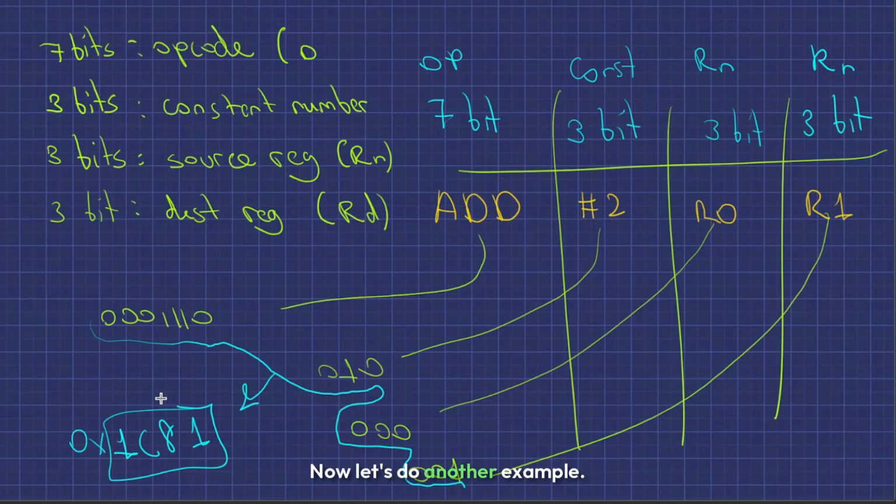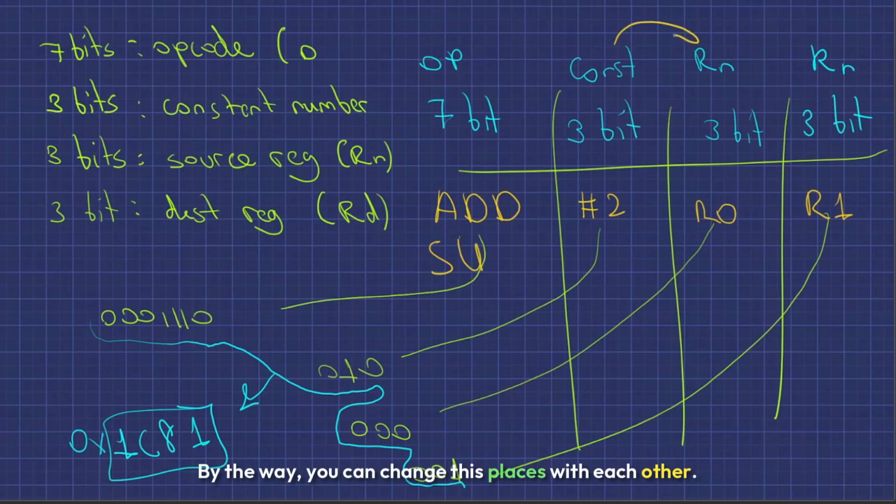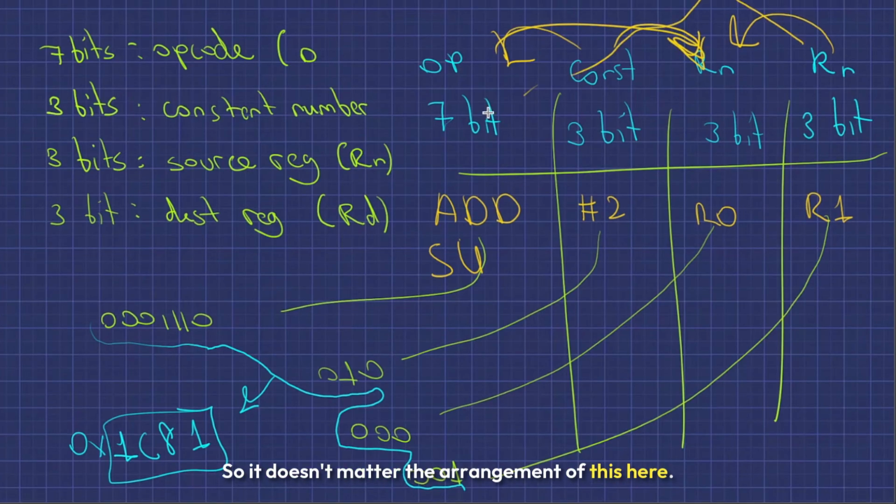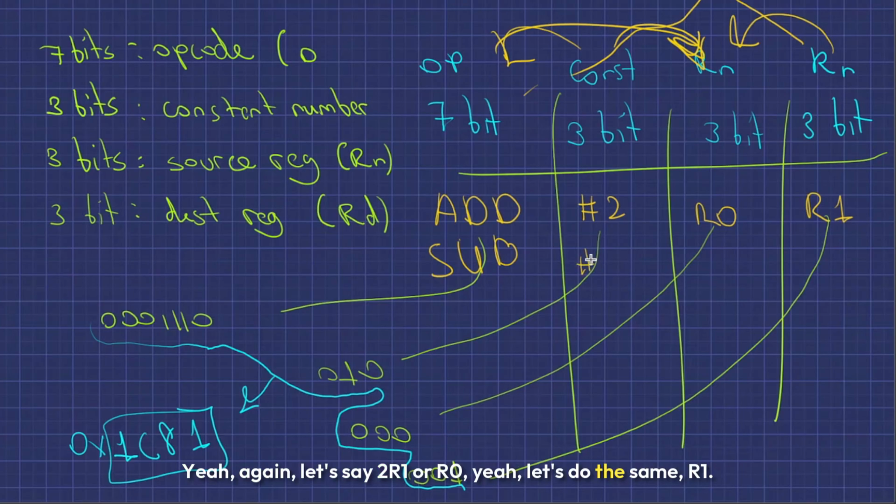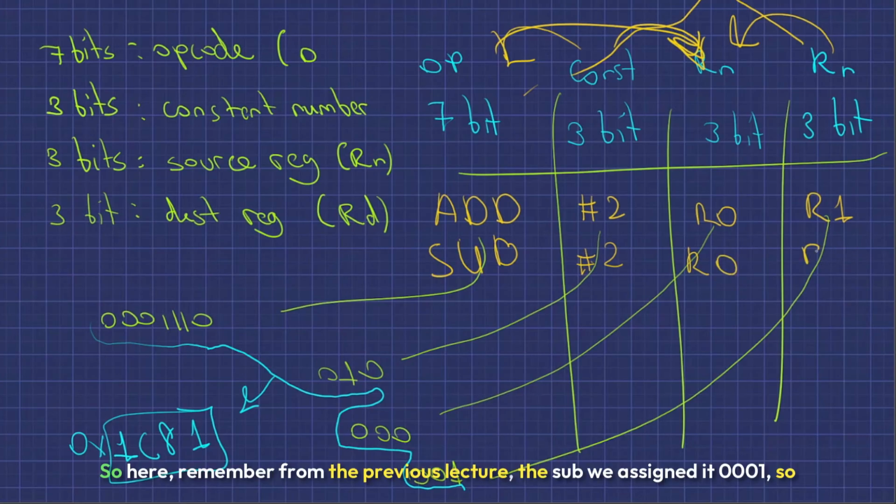Now let's do another example. Let's say sub. By the way, you can swap these places with each other, the arrangement here doesn't matter. Basically we are creating a new architecture hypothetically. So again, let's say 2, and R1.